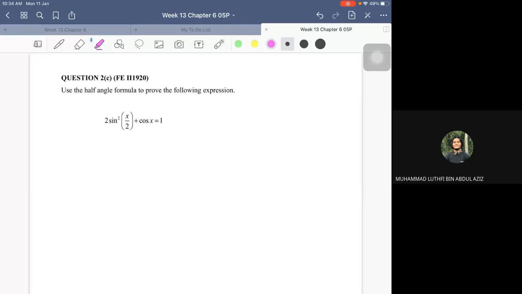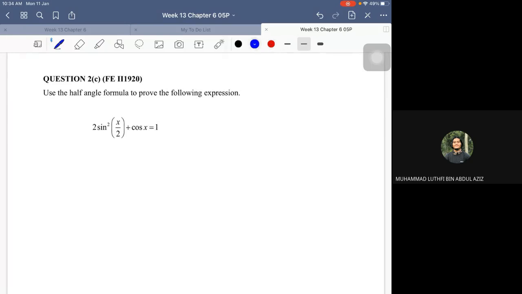So the question ni dia kata, so use the half angle formula. Kita buka punya file. So use the half angle formula to prove the following expression. So I did this particular expression. So 2 sin square x per 2 tambah cos x sama dengan 1. So sekarang, soalan ni dia kata apa? Dia kata kita kena prove. Maknanya yang left hand side ni dia adalah sama dengan right hand side.